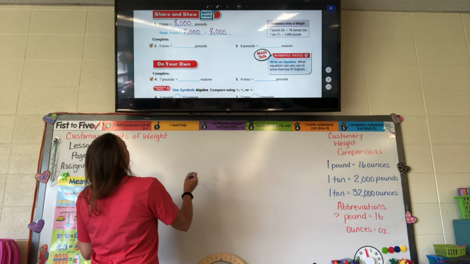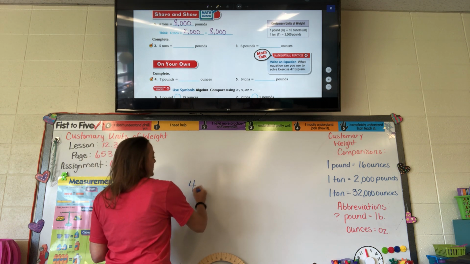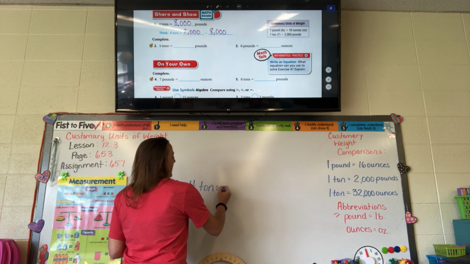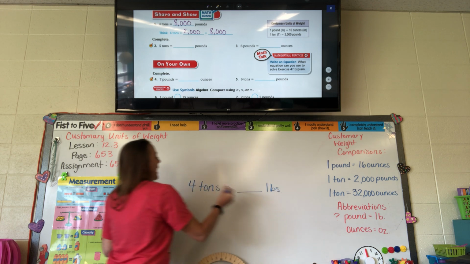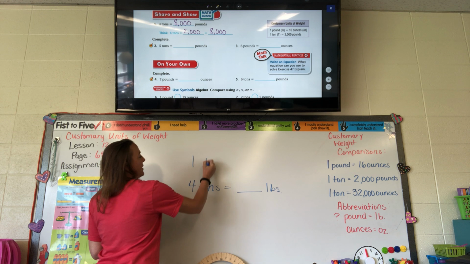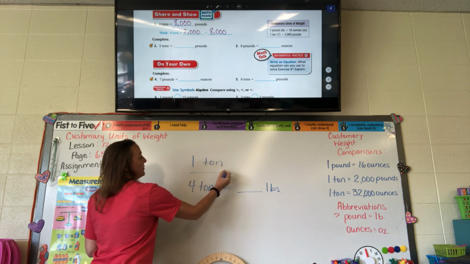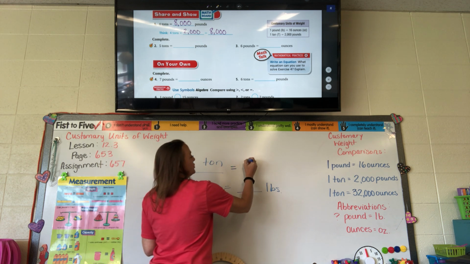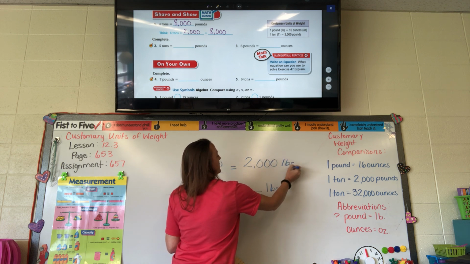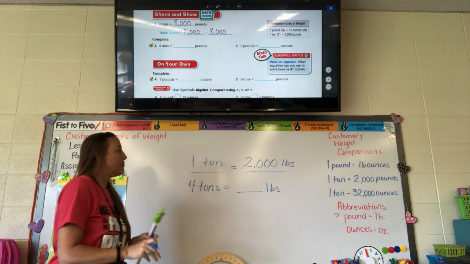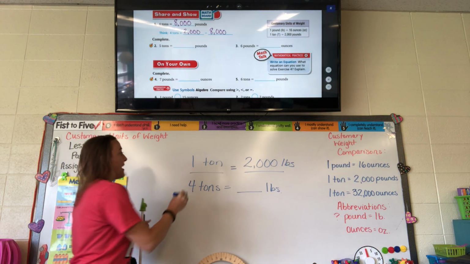Okay, so they gave us 4 tons and we had to figure out how many pounds that is. I know that 1 ton equals 2,000 pounds. So I am multiplying by 2,000.